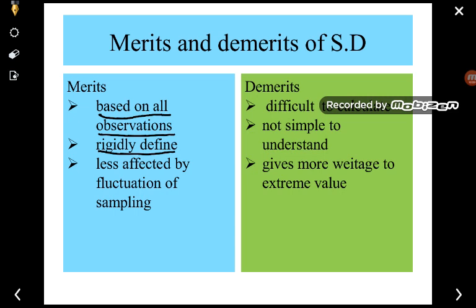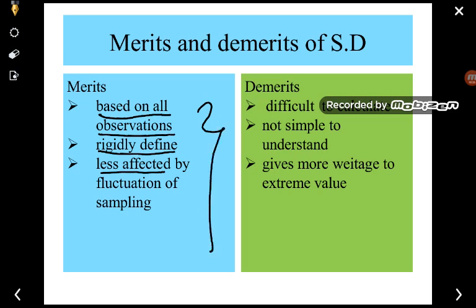We can easily define a particular average, and the deviation is measured from the mean. And it is very little affected by fluctuation of sampling. So the merits are: it is based on all observations, it is rigidly defined, and it is less affected by fluctuation of sampling. These are the 3 points which come under the merits.